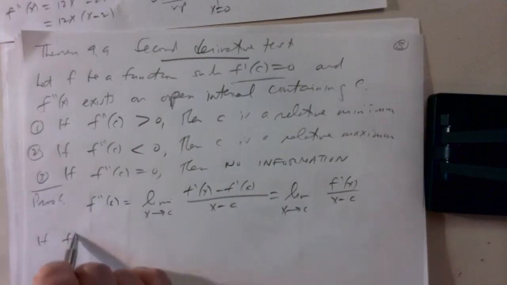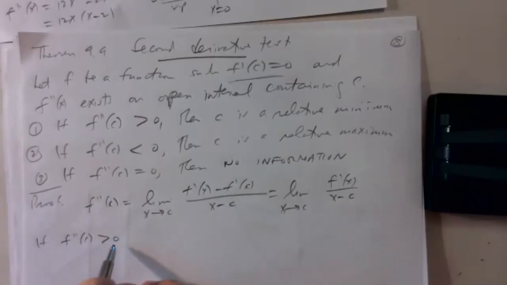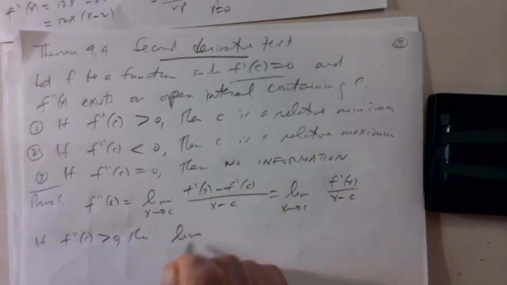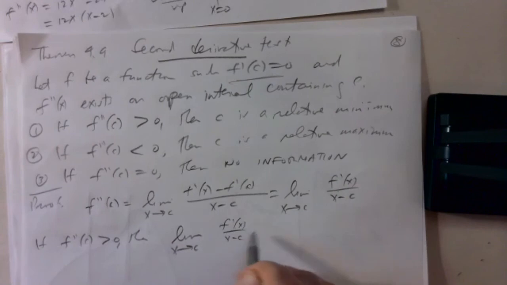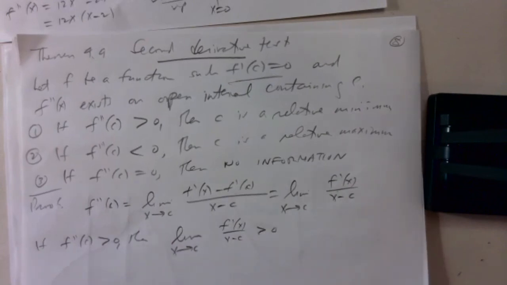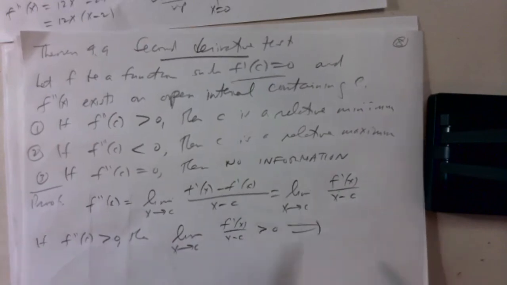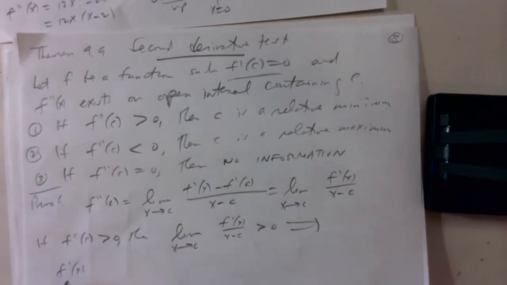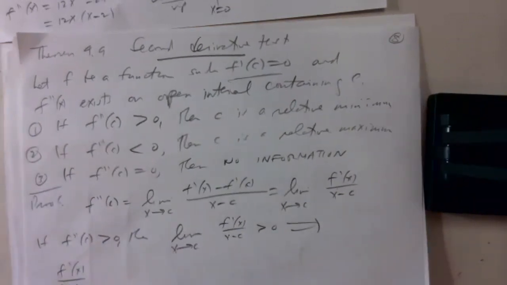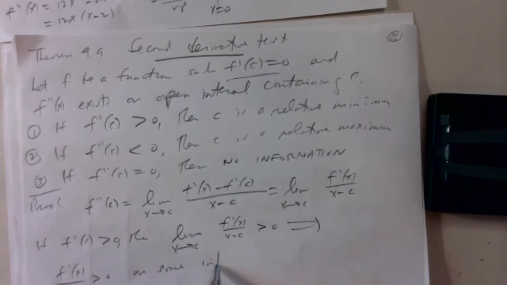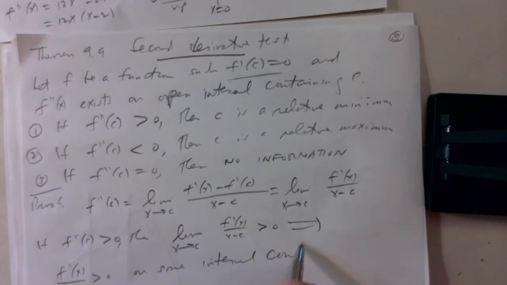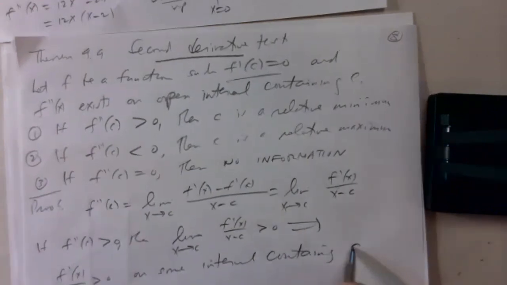Now, if the second derivative at c is positive, then this limit as x goes to c of f prime of x over x minus c is positive, which means f prime of x over x minus c is greater than 0 on some small interval containing this number c.